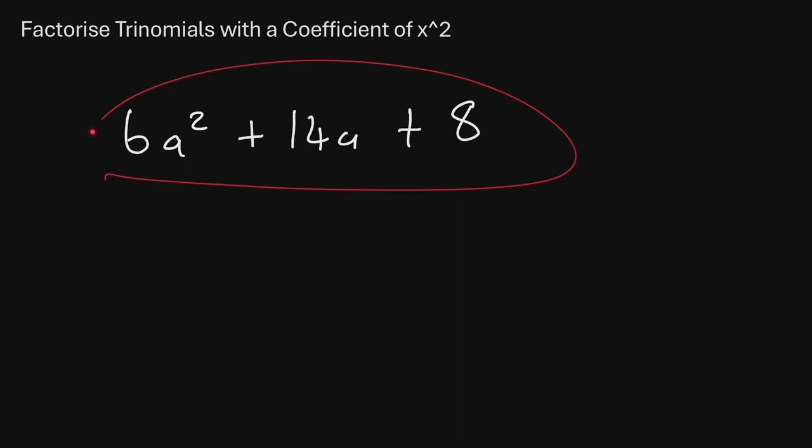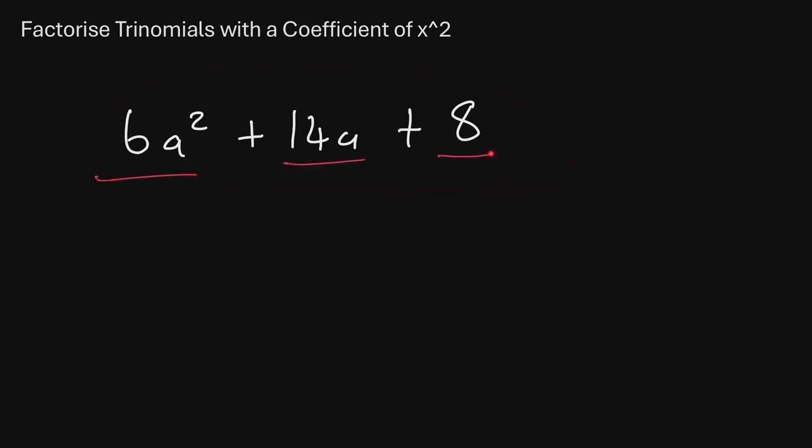Let's say, for example, we have 6a² plus 14a plus 8. If we look at this trinomial here, we can clearly see that we have a common factor in all our terms. So we can start first by taking out a common factor.